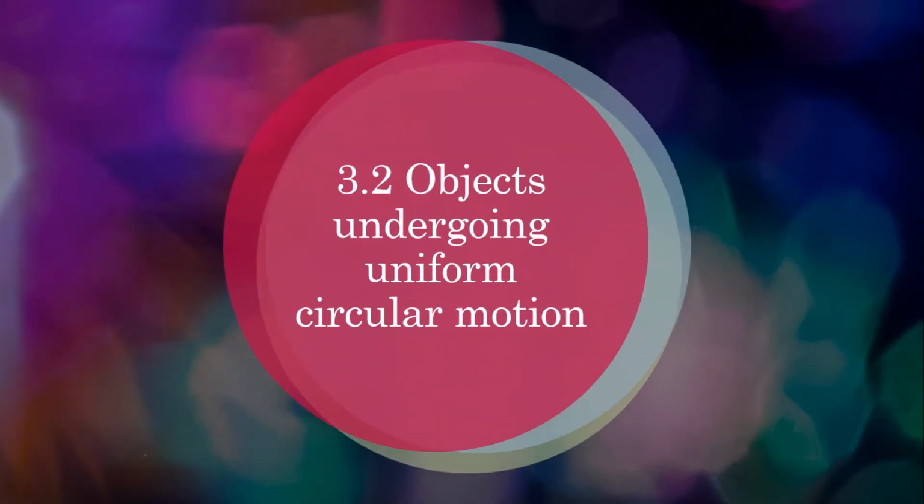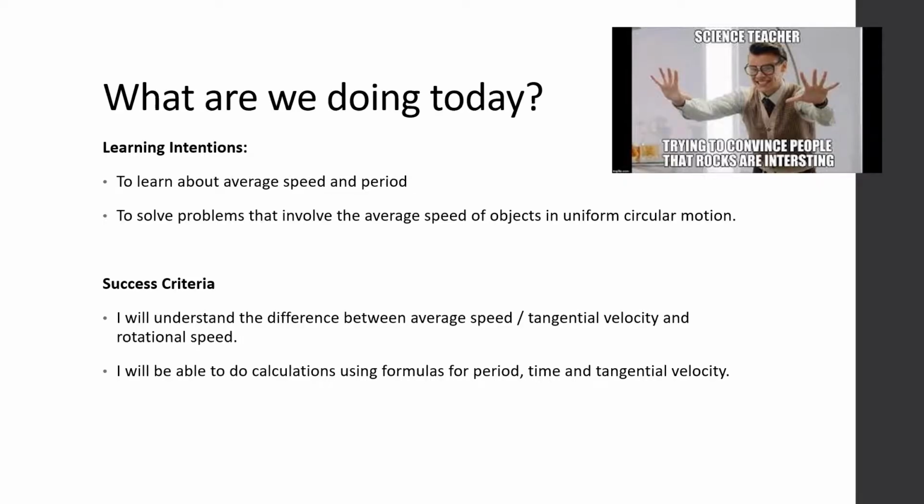Now we're moving on to chapter 3.2 and considering what happens to objects that are undergoing uniform circular motion. So what we're going to learn about today is average speed of an object travelling in a circle and its period, and also how to solve problems that involve average speed of objects in uniform circular motion.